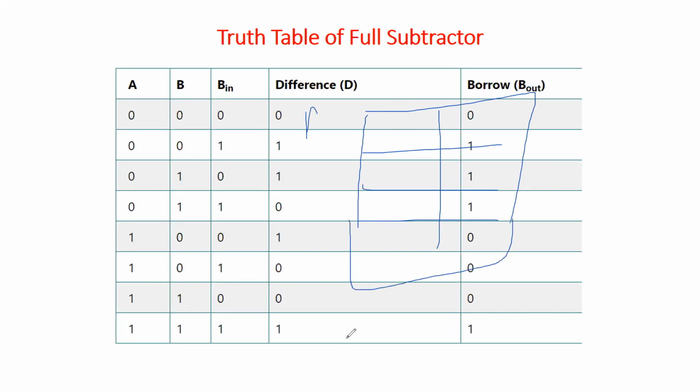So you have A, B and B in. That way also you can do. So 0, 0, 0, 1, 1, 1, 1, 0 and 0, 1. Fine, the answer will be the same. So try to get the equation for both the difference as well as the borrow. You get it.